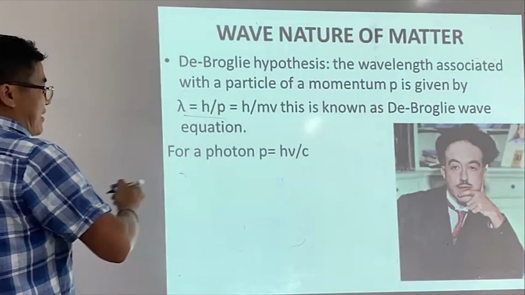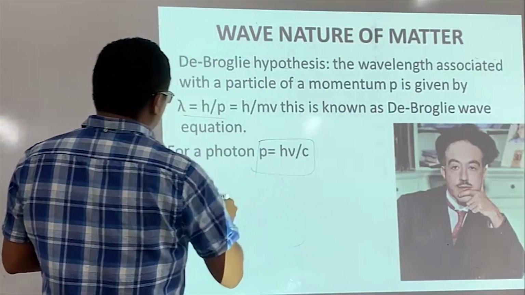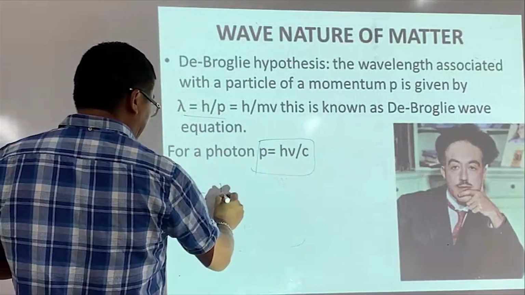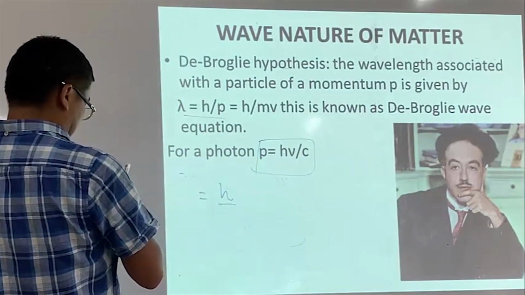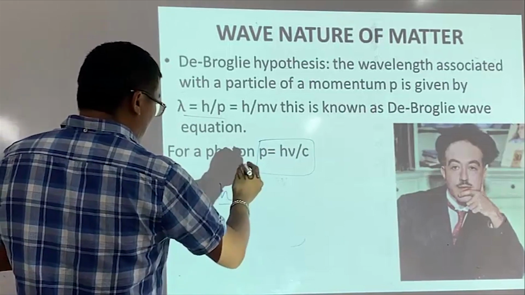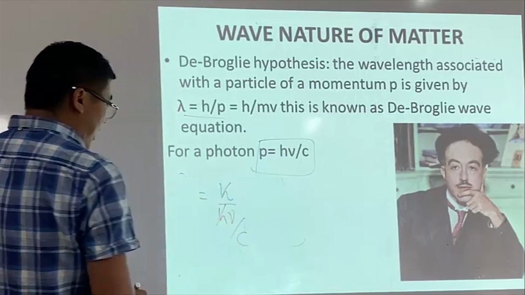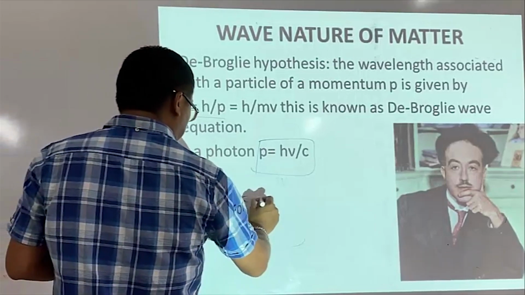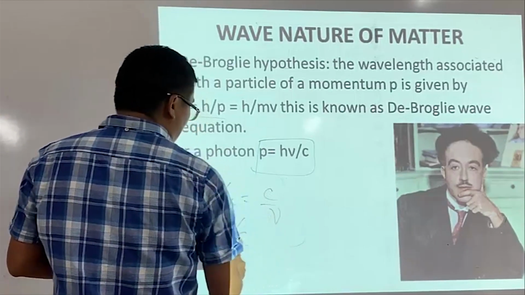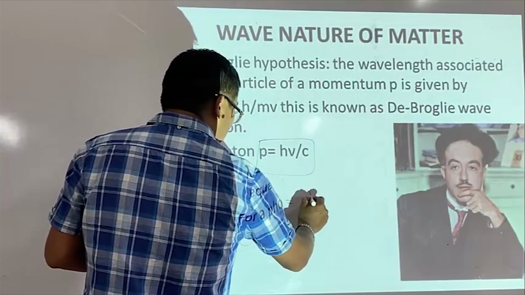When I use these equations, h divided by momentum, that is h nu divided by c, the h cancels out, and c goes up, c by nu. And what is c by nu? c by nu is lambda.